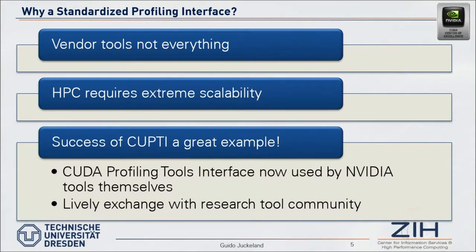And the interesting thing is that CUPTI is actually now the profiling interface that's even used by NVIDIA's own tools. So they've basically given up maintaining 2 APIs only for certain specific things, and they use the same API that us as researchers for our performance tools use. So everybody's getting the same data.